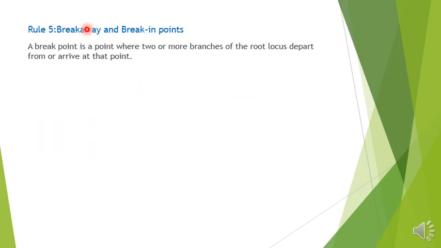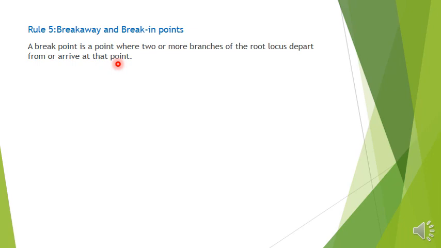Next, breakaway and break-in points. In the first slide we have seen between -0 and -2 there is some breakaway point. So this break point is a point where two or more branches of the root locus depart from or arrive at that point.